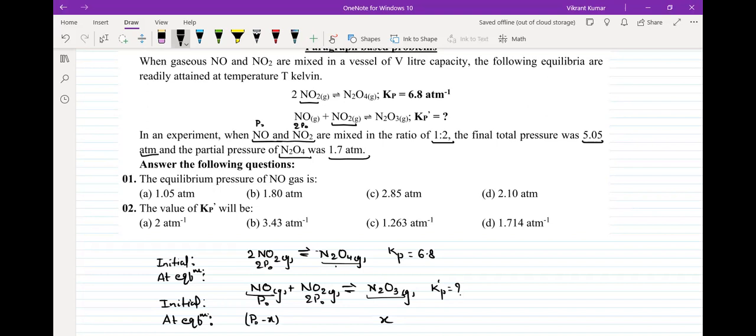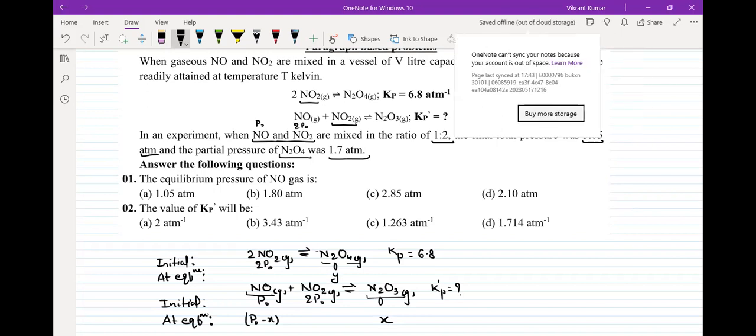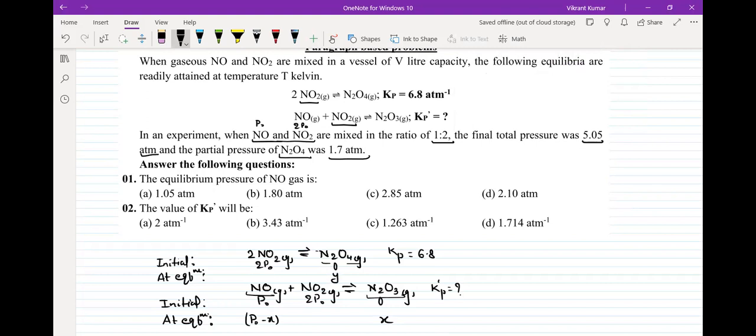So we don't know that. So if you assume that it is Y, initially it was 0. So at equilibrium, if you are assuming that to be Y, it means what is the consumption of NO2 in first reaction? 2y. And what is its consumption in the second reaction? X. X only, because coefficients are equal.